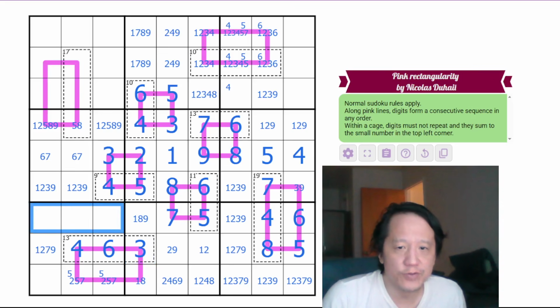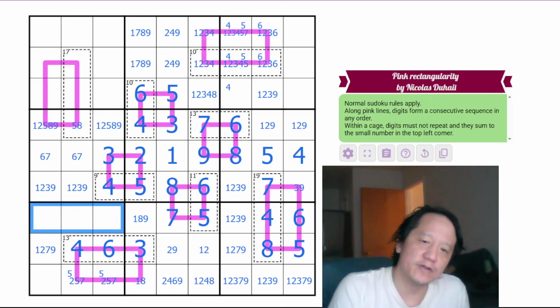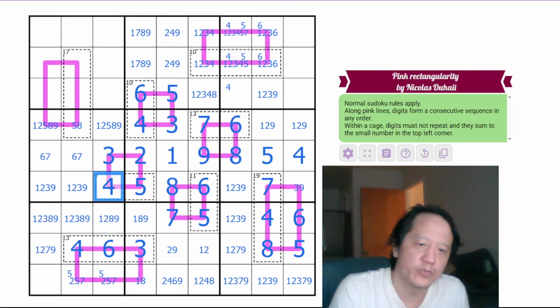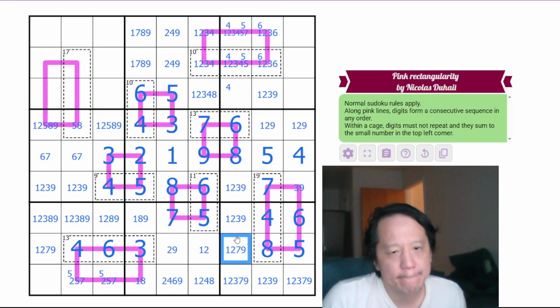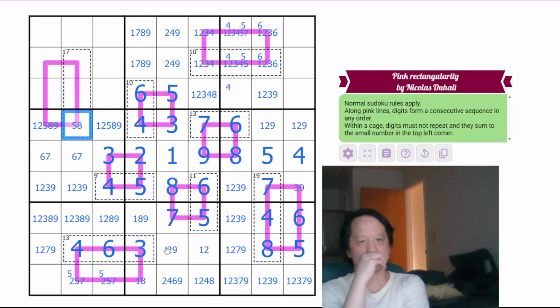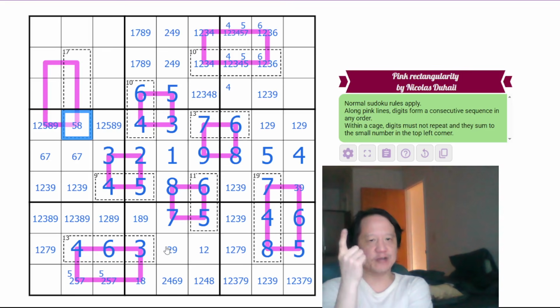Remaining digits of row 7. We have 1, 2, 3, 8, 9. No 3 here because of 3 in the column. This cannot have a 4 to add up to 17. If we have 5 there, the remaining 2 digits must add up to 17 minus 5, which is 12.